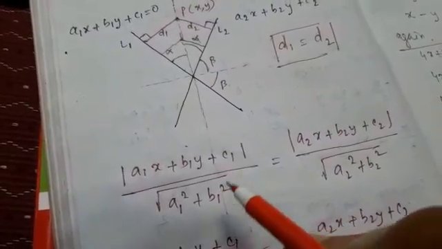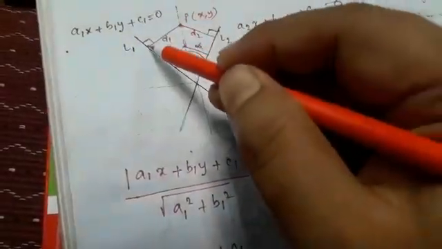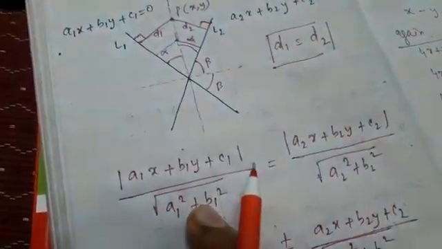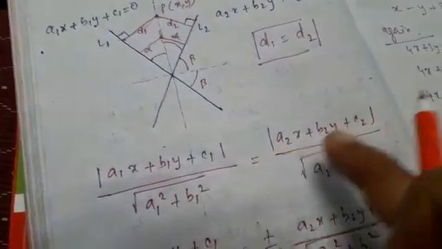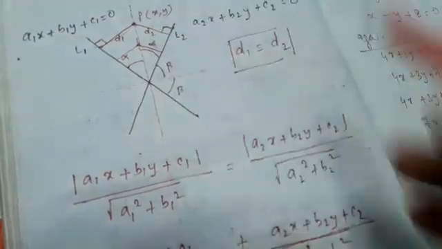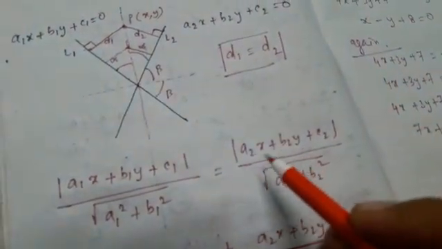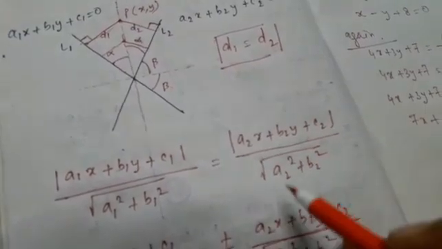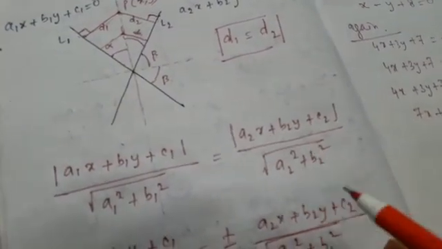Now suppose this distance we are considering as d1 from the line L1, this d1 is equal to this distance, that is d2, which is modulus of a2x plus b2y plus c2 by under root a2 square plus b2 square.